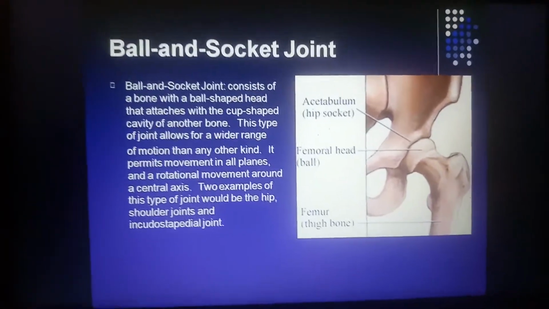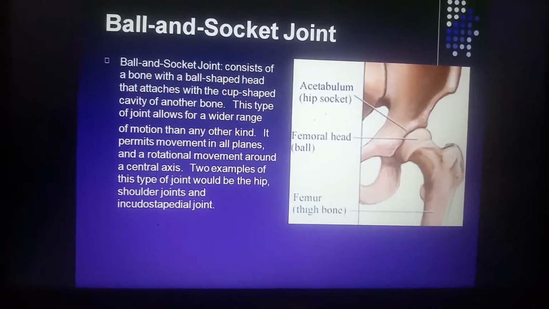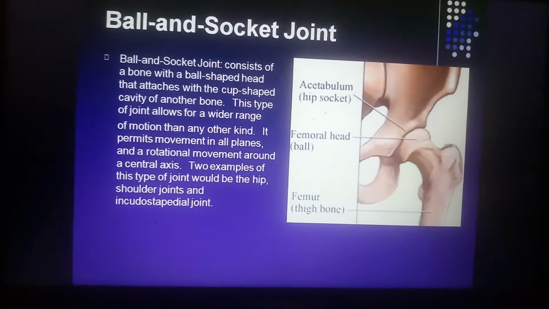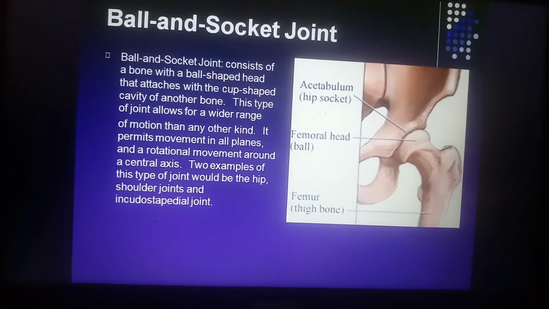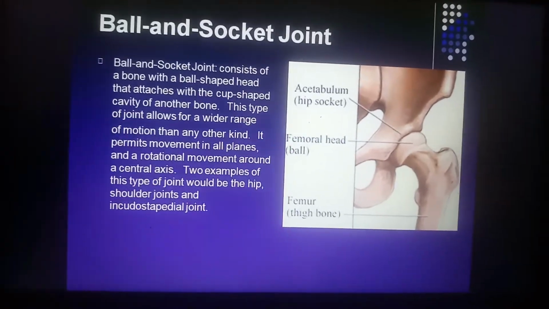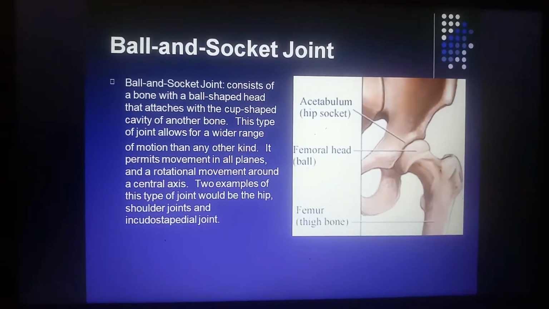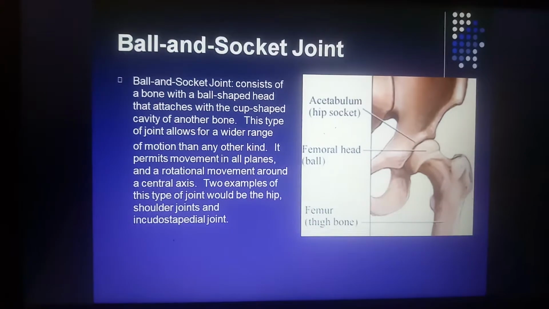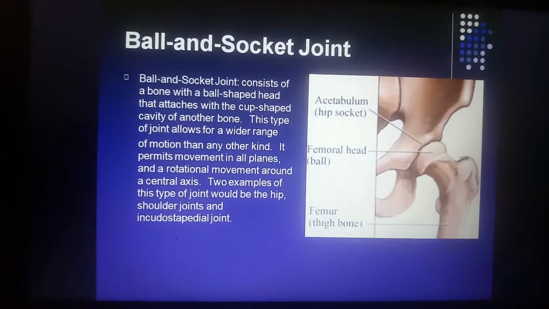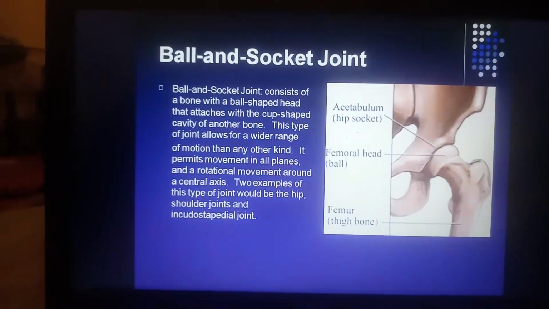This type of joint permits movements in all planes, as you can see in the circumduction movement. You can produce movements in all directions in these ball and socket joints. That means you can perform flexion, extension, abduction, adduction, as well as rotation around a central axis. So the main two examples are the hip joint and shoulder joint.